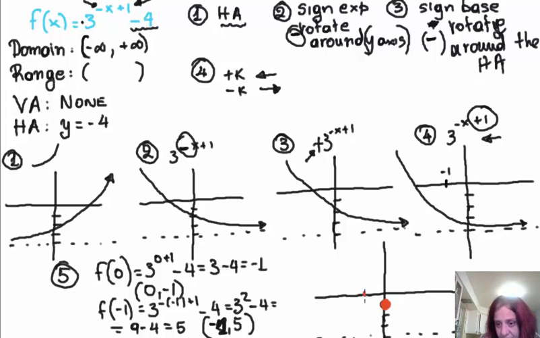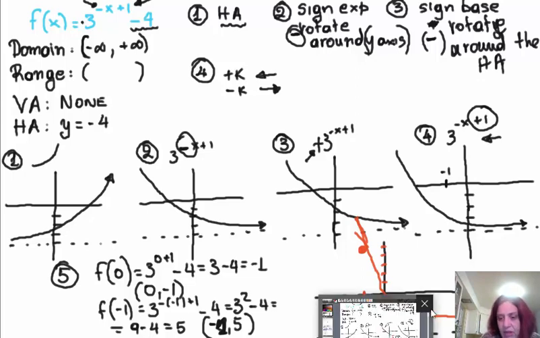And I also need to find the second point, that is 1, 2, 3, 4, 5. So it's going to be right here. So my graph will be the following. And it will converge to y equals negative 4.